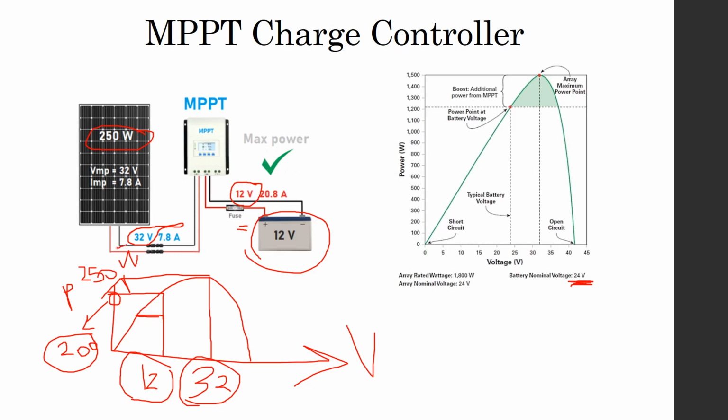So the voltage here is the variable and this one is the constant value. So now, since we have 32 volt and convert it to 12 volt, now we have the maximum power going to the batteries.